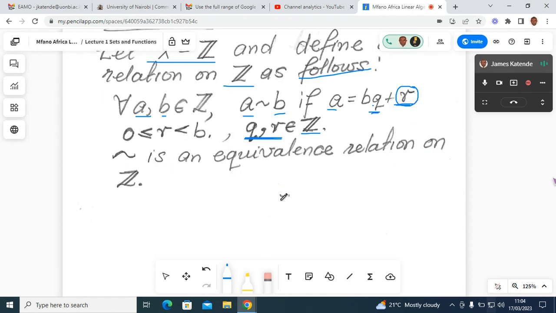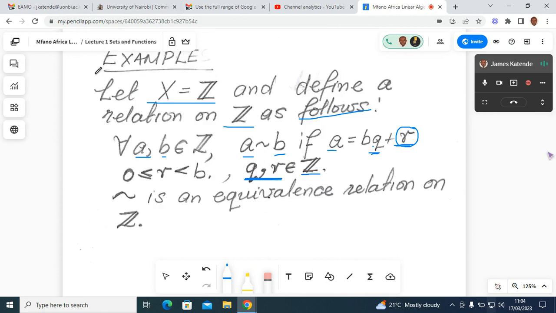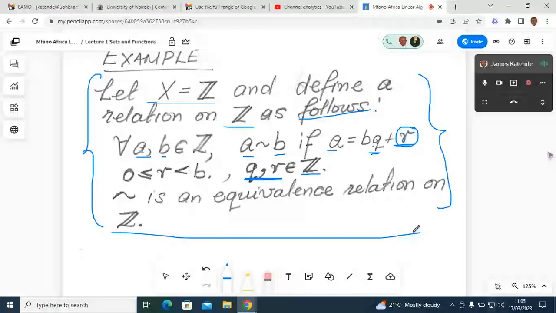So anyway, no, I think let me not work with this example. Let me create another example. There's something I'm not getting right on this. I'll create another one that we can work with.